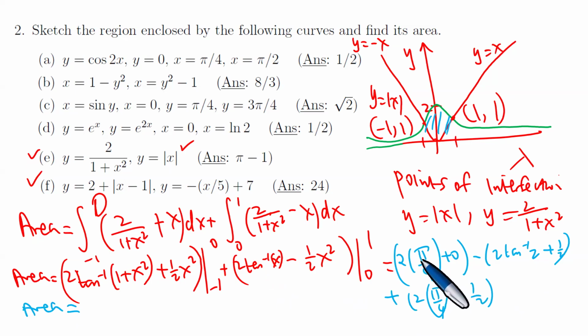This one is going to be exactly the pi over 2 here. So you have pi over 2, and this one is going to be plus pi over 2. So we're done with this, and then there's going to be minus 1/2, minus 1/2.